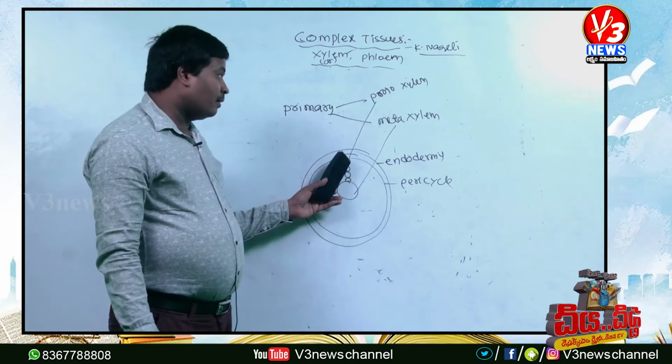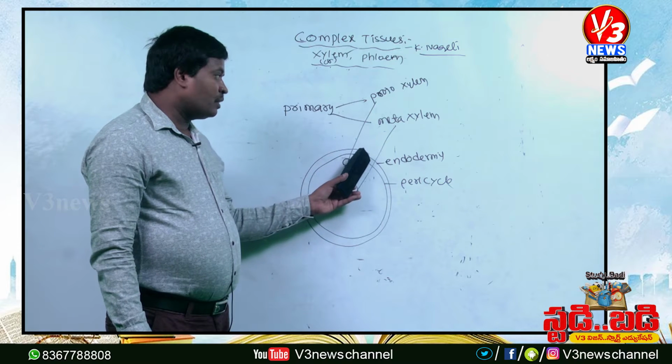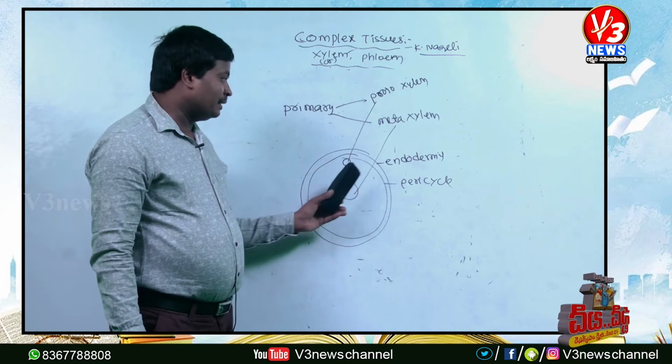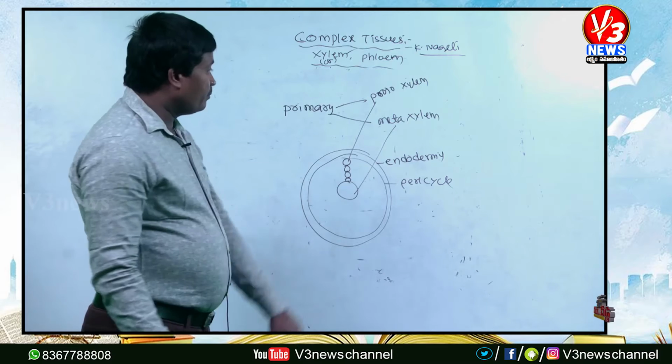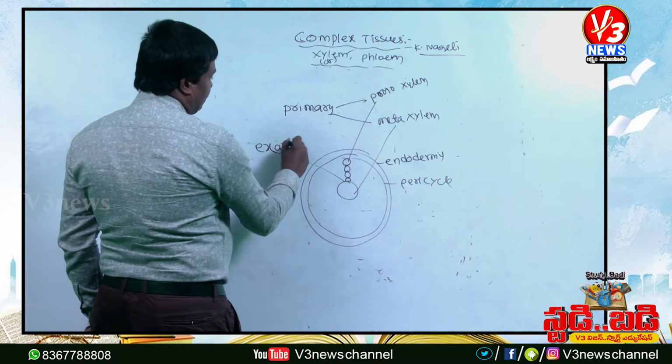Such an arrangement in the roots, with protoxylem towards the pericycle and metaxylem towards the inner side, is called exarch.